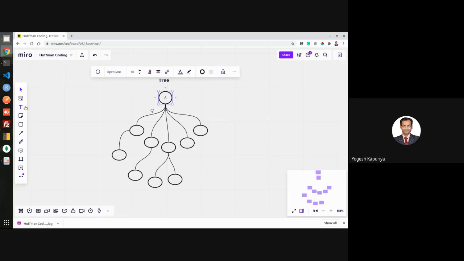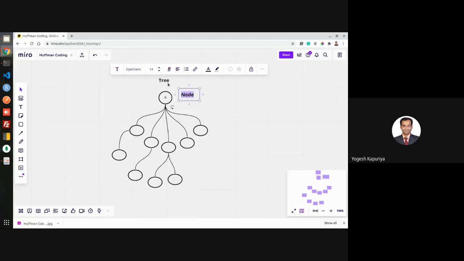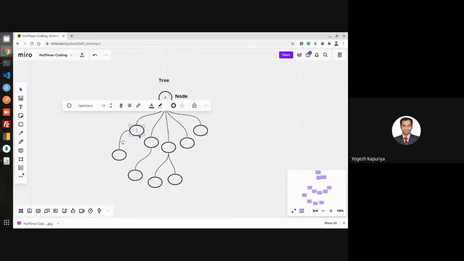So this entire thing is known as a node.